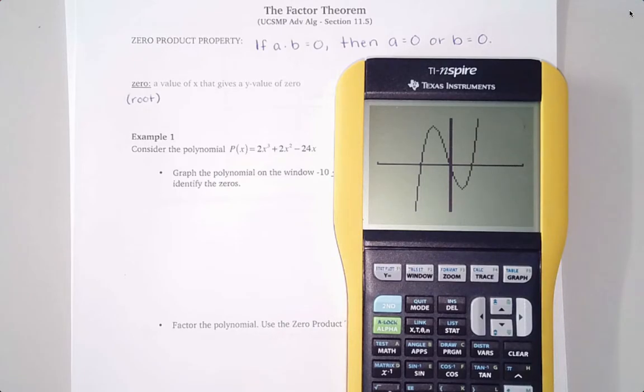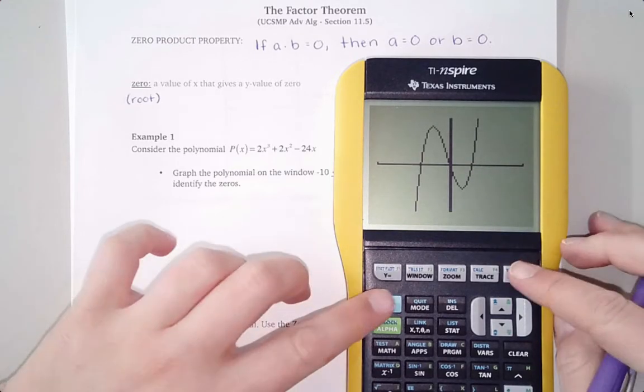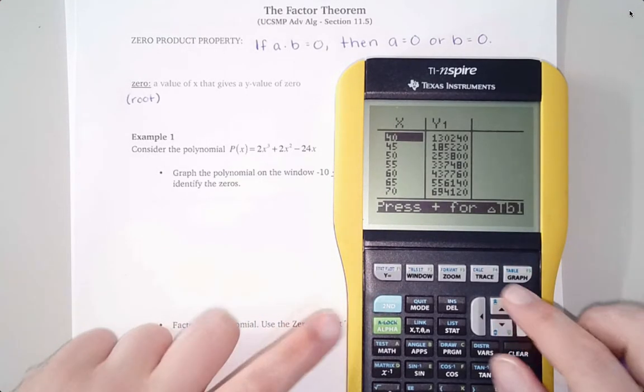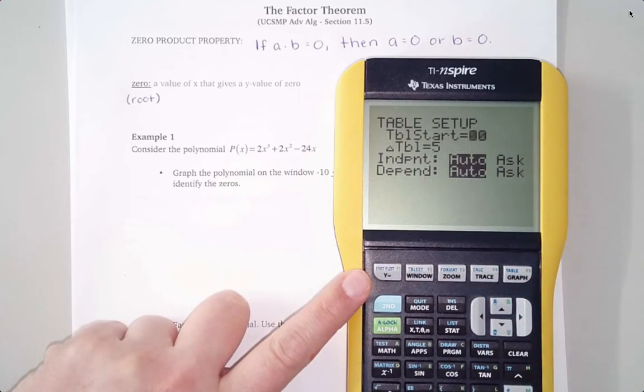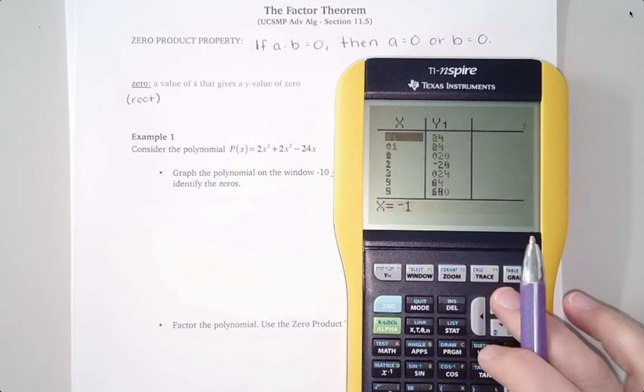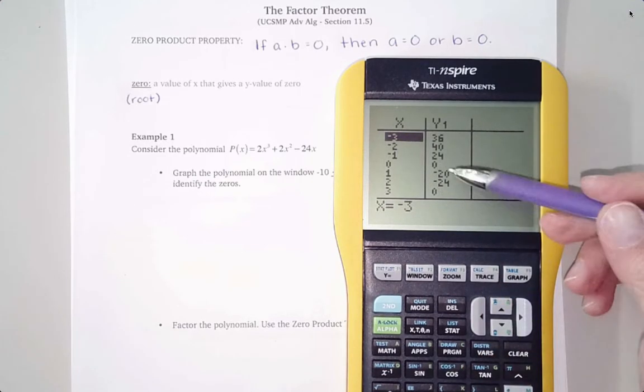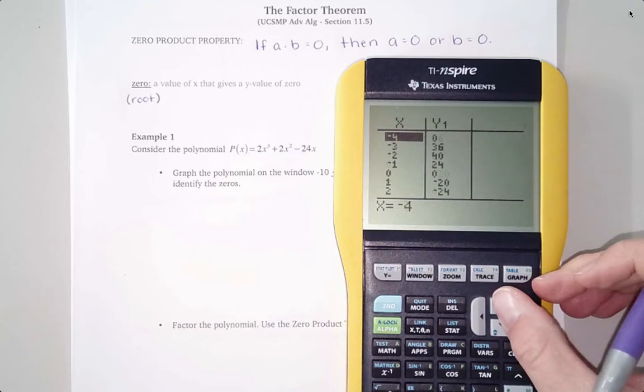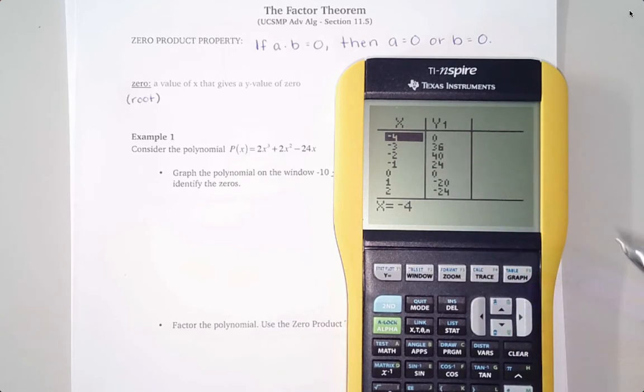It's kind of hard to see here because apparently I have my mode set where I don't have my little hash marks, but I could look at my table and see where this thing is equal to 0. I think I'll see it in 3 different places. So I see one here, I see one here, and then there was another one down below.